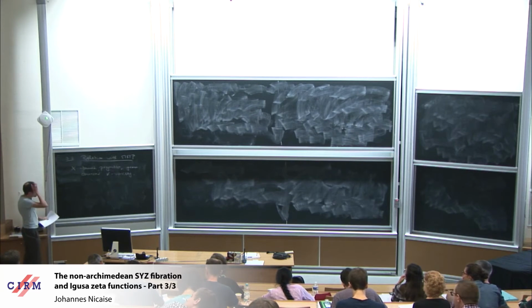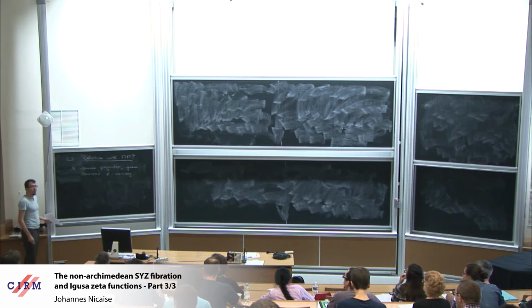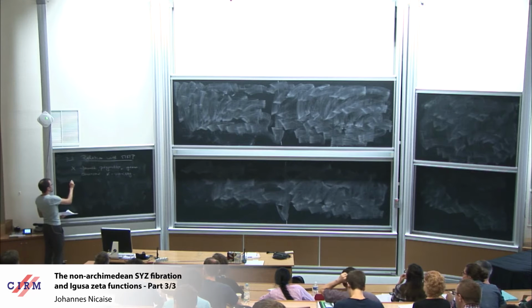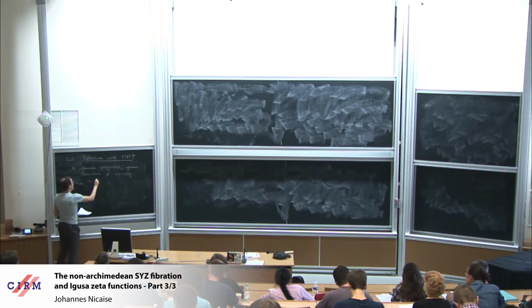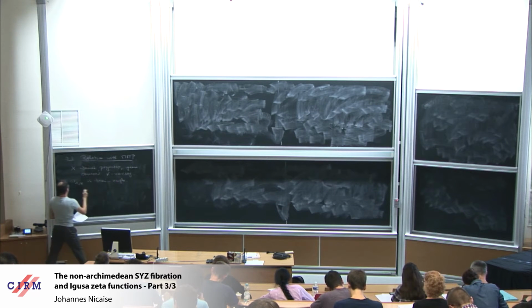And so I already mentioned then that in order to get a sufficiently large object, it's important to have enough pluricanonical forms. And it turns out that the correct condition to impose is that the canonical line bundle is semi-ample. So that's an additional assumption that we are going to make.